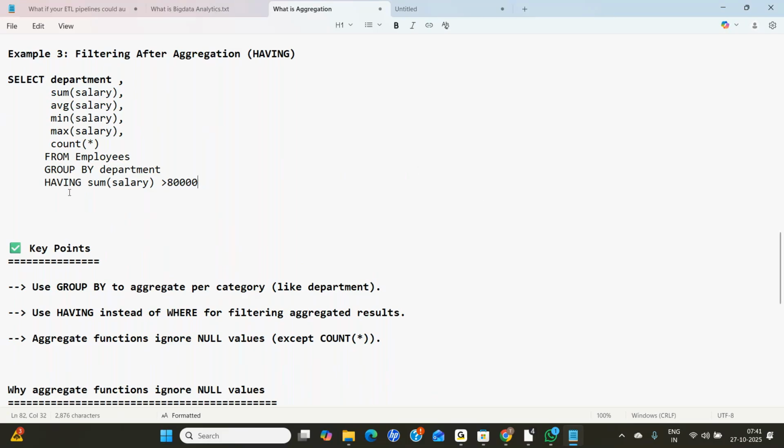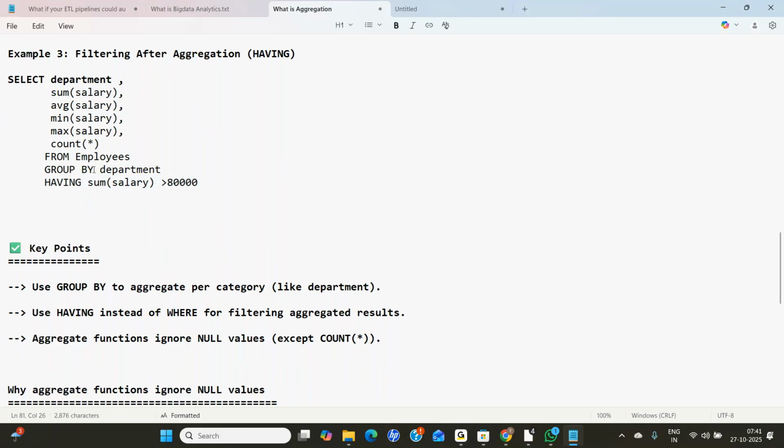That means you're filtering on aggregated rows, and the aggregated records with total salary greater than 80,000 will be displayed. You should write having clause after the group by.